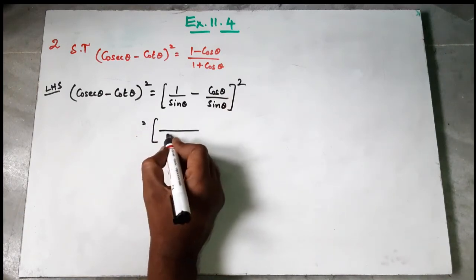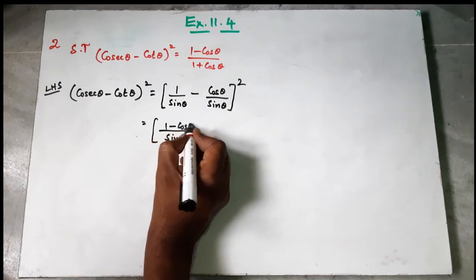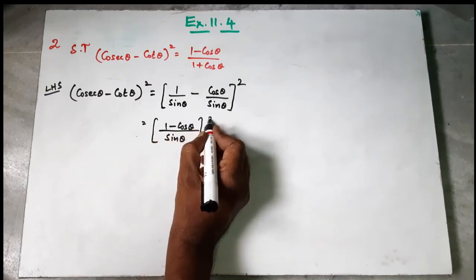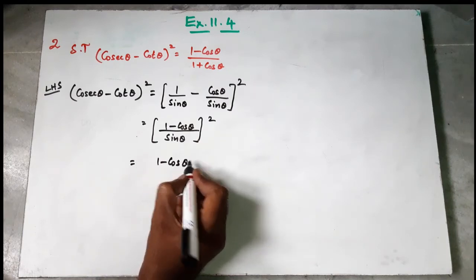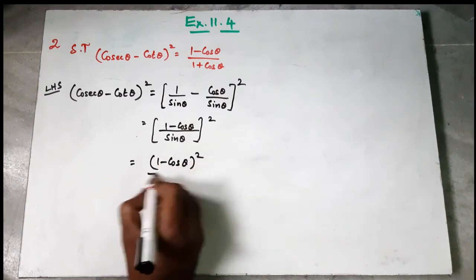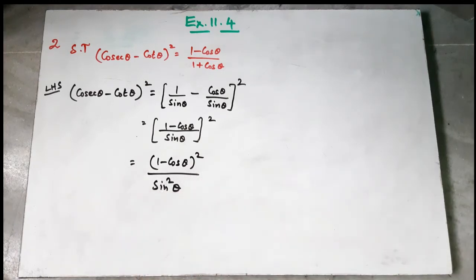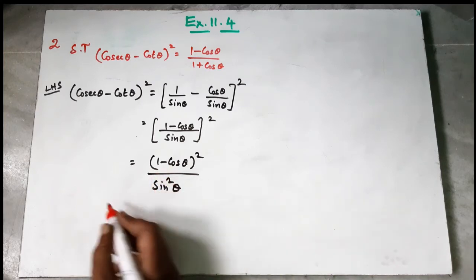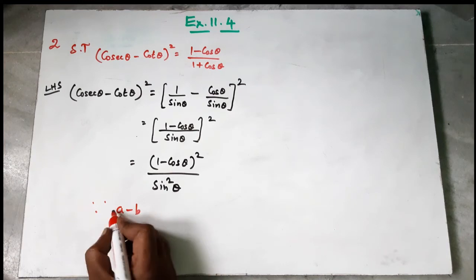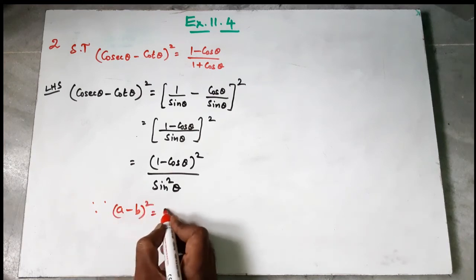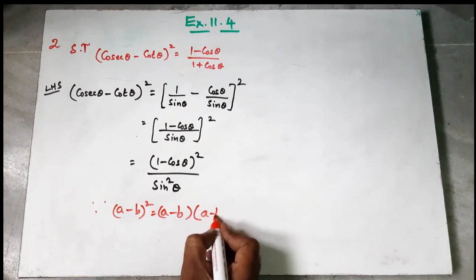The denominators are the same and the numerators will be written as they are, whole square. Now separate the square for the numerator as well as for the denominator, sin square theta. Now here we are going to use the identity: a minus b whole square can be written as a minus b into a minus b.